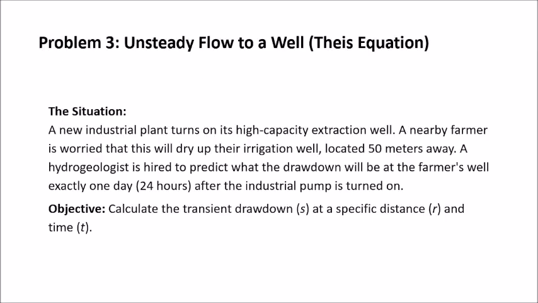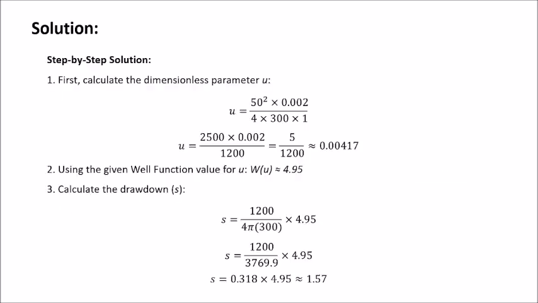Let's apply the Theis equation to a real scenario. Imagine an industrial pump is turned on, and a neighboring farmer is worried about his well located 50 meters away. We need to find the drawdown exactly 1 day after pumping starts. First, we calculate our u parameter using our distance, time, and aquifer properties, which gives us 0.00417.